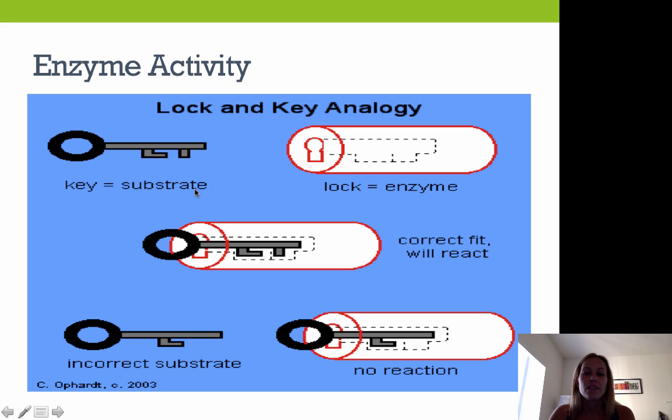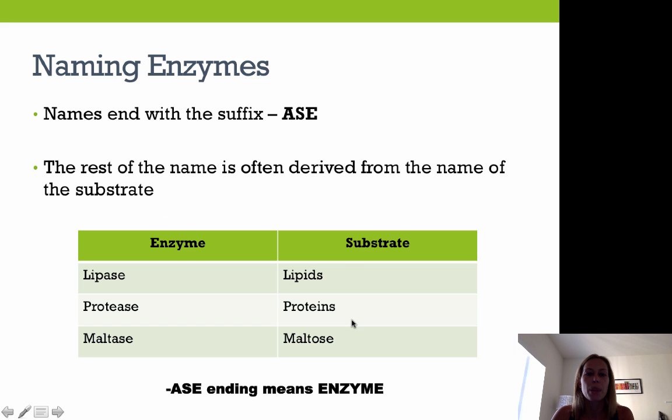But if the substrate does not fit the enzyme, the chemical reaction is not going to go forward. So if the key fits into the lock, you'll have a reaction take place. If the key doesn't fit into the lock, you're not going to have a reaction take place.